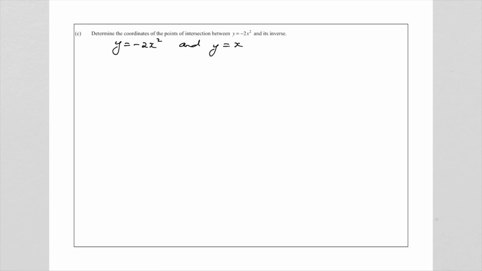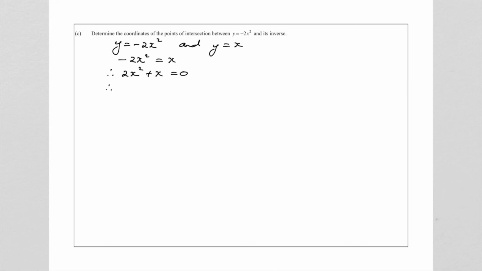Like I said before, it's much easier if we solve the graph with y equal to x, because the points of intersection of the 2 graphs is also where y equal to x intersect. So we can now say that minus 2x squared is equal to x. Let's take it all to one side. So then we will get 2x squared plus x is equal to 0.